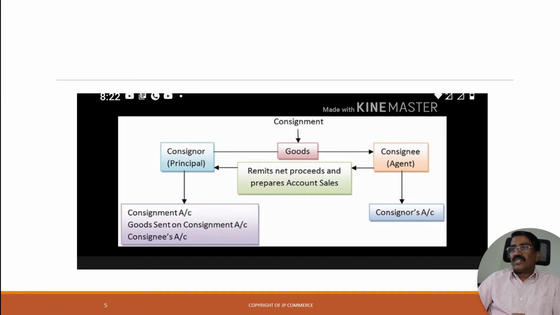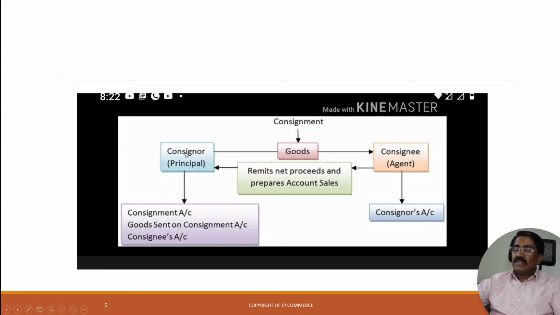In consignment, as we have already discussed, two parties are there. One is the consignor, also known as the principal. The second party is the agent, the consignee. The consignor may be a producer or a wholesaler. He sends goods to the consignee.